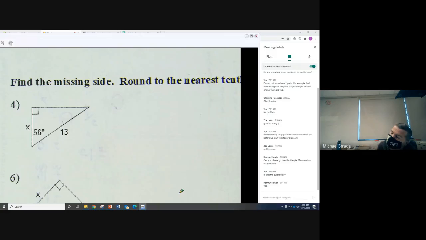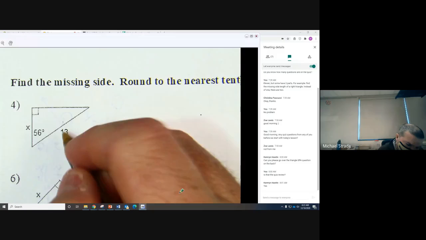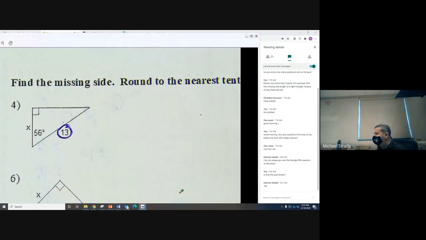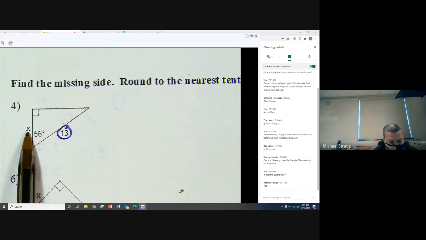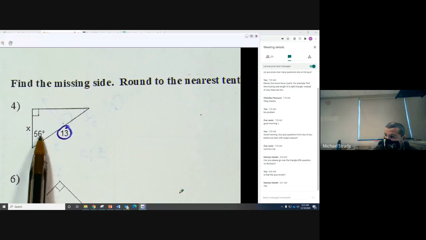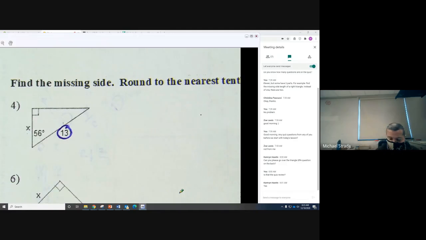Personally, when I go through this, the first thing I identify is the hypotenuse given to us or not? The answer is yes. So that eliminates tangent. Whenever the hypotenuse is involved, there's a number or variable, we're not going to use tangent. Then you look at the other side and see, does it touch the angle or not? Yes, so that's adjacent. So we're dealing with adjacent over hypotenuse, so we're dealing with cosine.